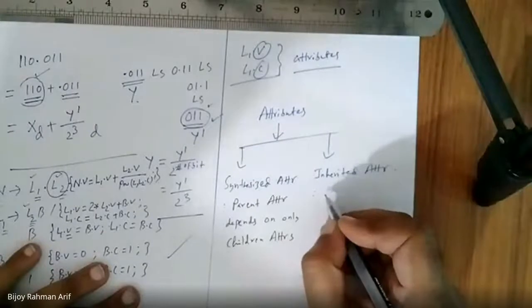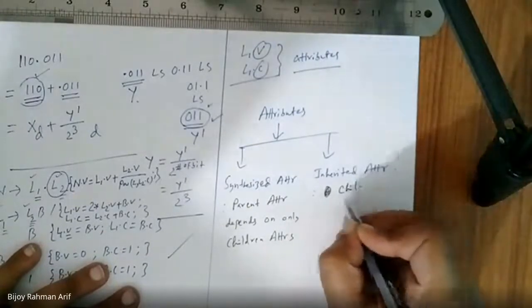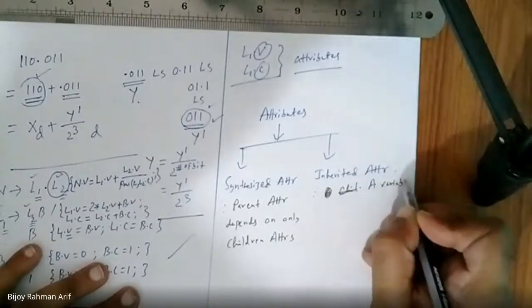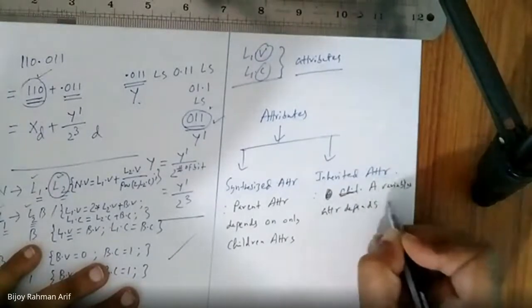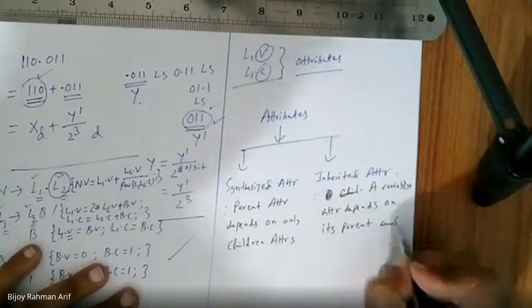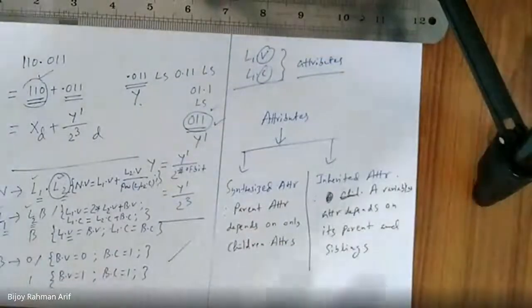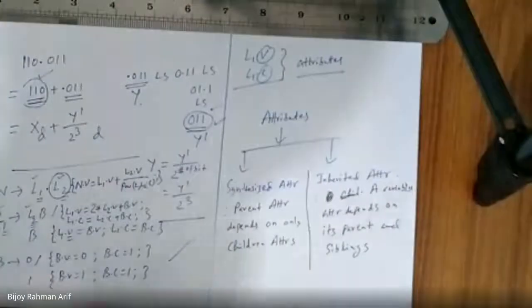A variable's attribute depends on its parent and sibling. So synthesized attribute means the parent's attribute depends on only children's attributes. Inherited attribute means a variable's attribute depends on its parents and siblings.